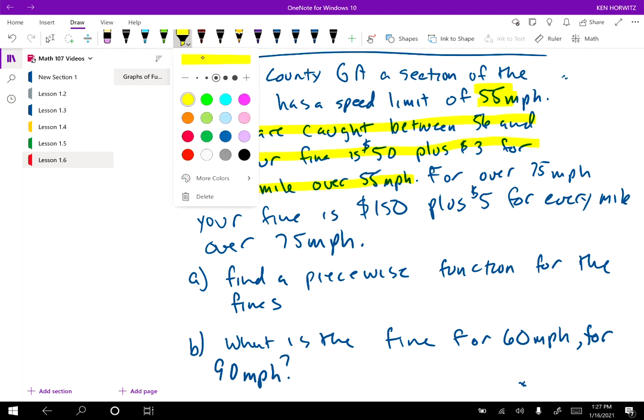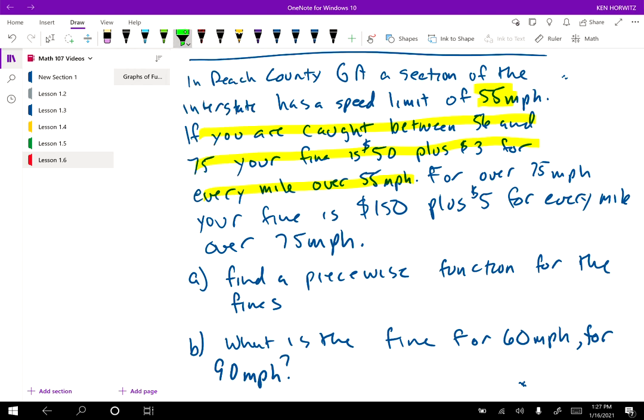I'm going to change color. Still important, just different. For every mile over 75, it's $150 plus $5 for every mile over 75. So this has a lot of good information in it. Let's try to sort it out.